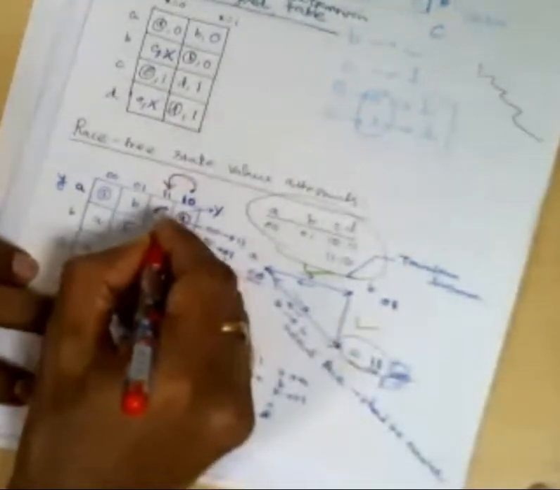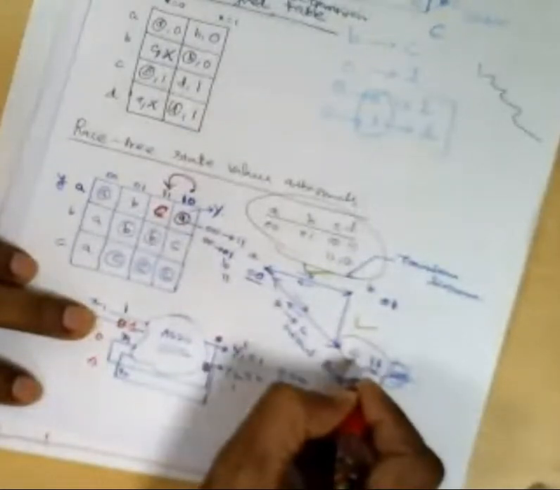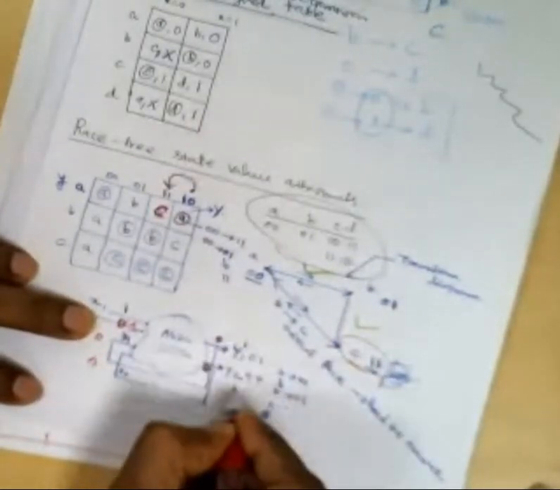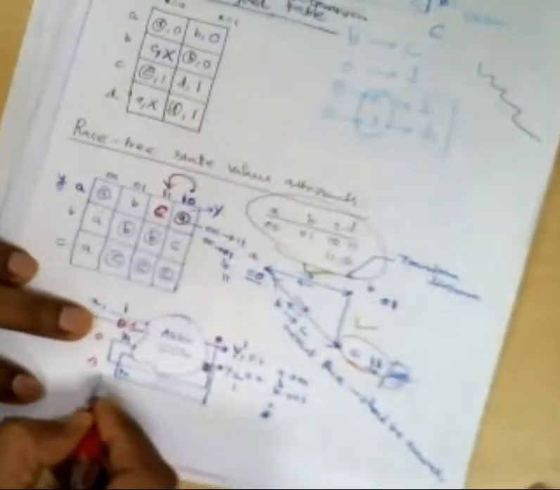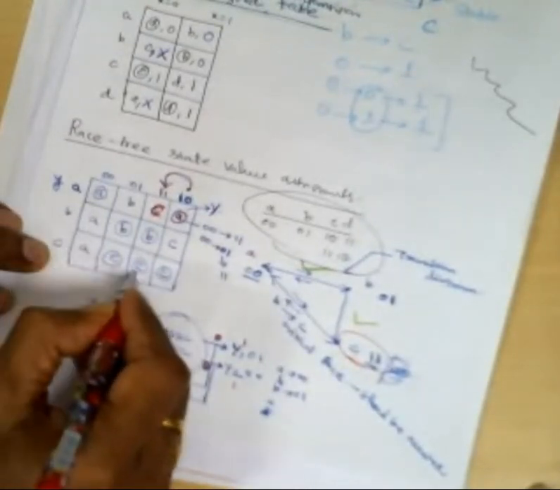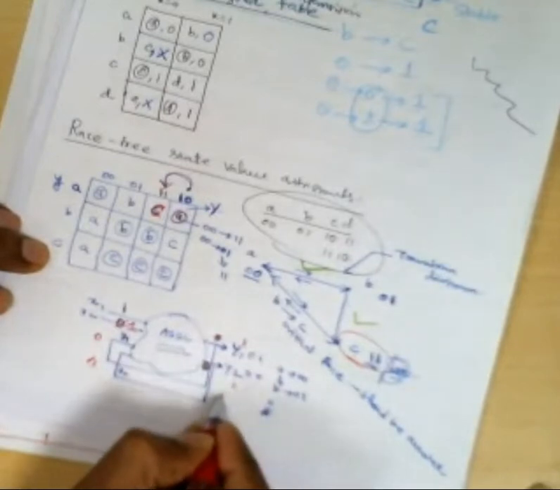So 1, 1 should be generated here. That 1, 1 will come back here, that means C state 1, 1. Then there is a stable state. Again 1, 1 will come. Circuit will come here and maintain the stability. Did you understand this one, Mainak? Yes, sir.